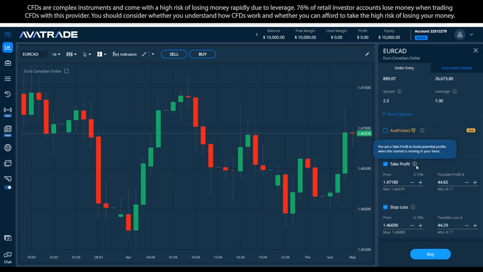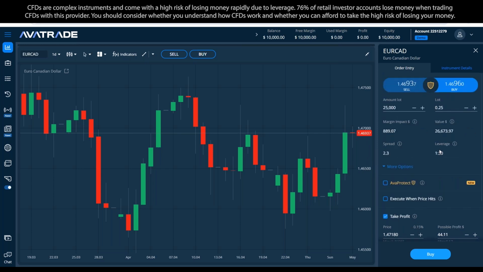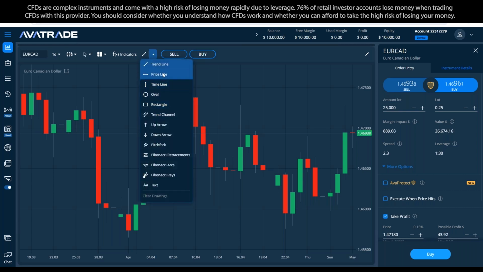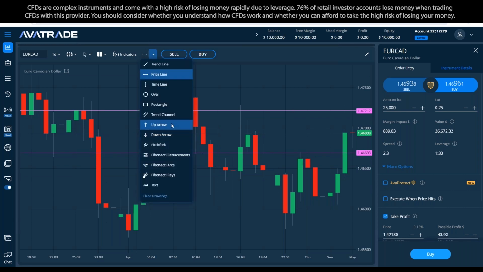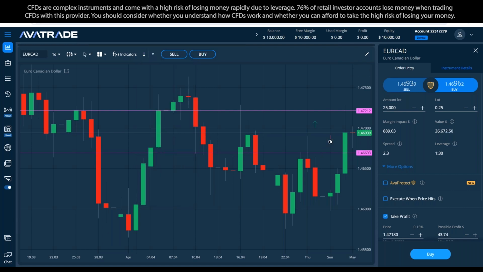Now, what exactly those are, again, I'm going to explain on the signal in just a minute. But in the meantime, what are take profit and stop loss? In a nutshell, the general idea here: when I'm buying something, my intention is that the value will increase. When I'm selling something, I want the value to decrease. Therefore, the take profit and the stop loss allow me to do things automatically.